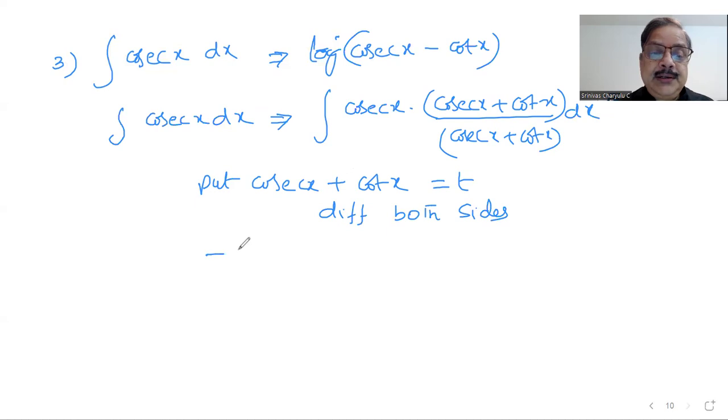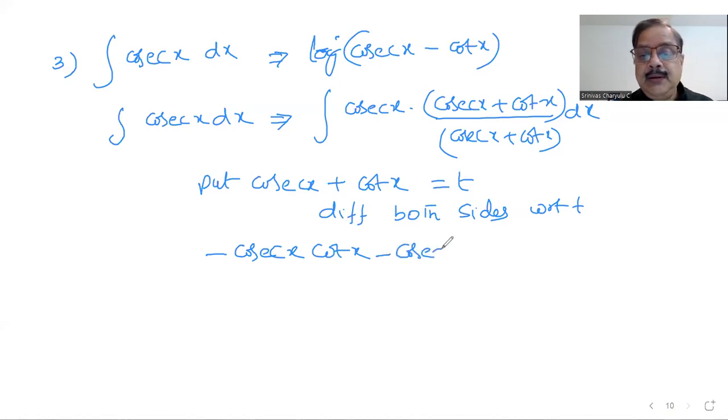Now differentiate both sides. Cosecant x differentiation is minus cosecant x cot x, plus cot x differentiation is minus cosecant square x. And x differentiation dx by dt. Here t differentiation is 1.